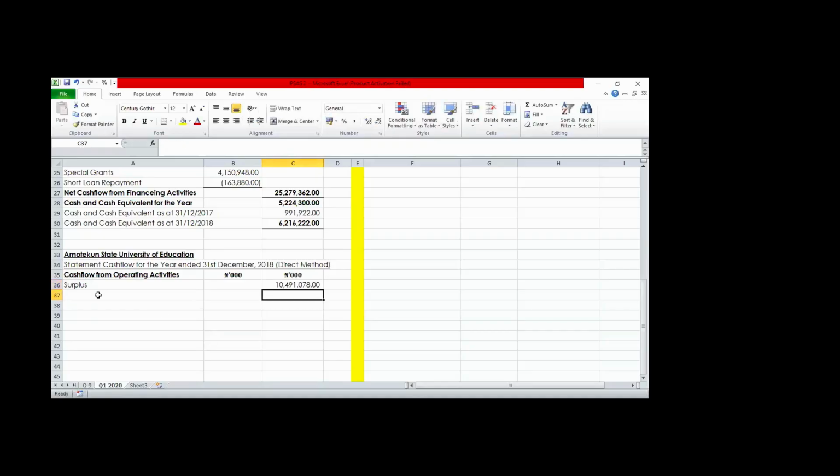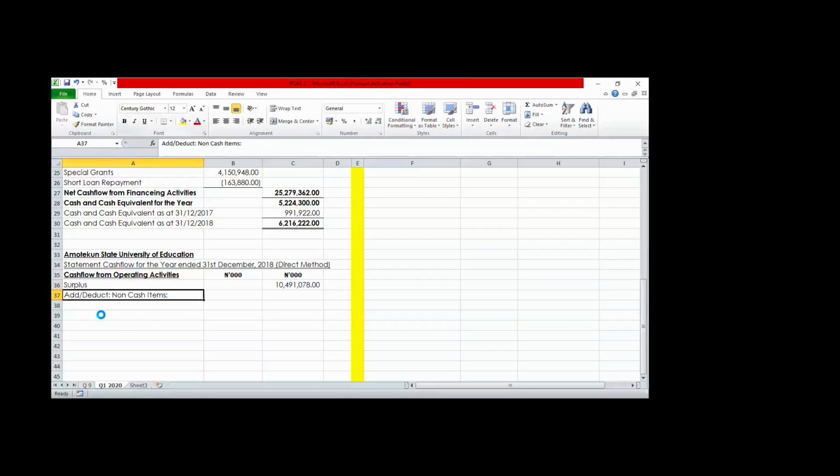Okay. Now we say add or deduct non-cash items. But I think this one is the indirect method.